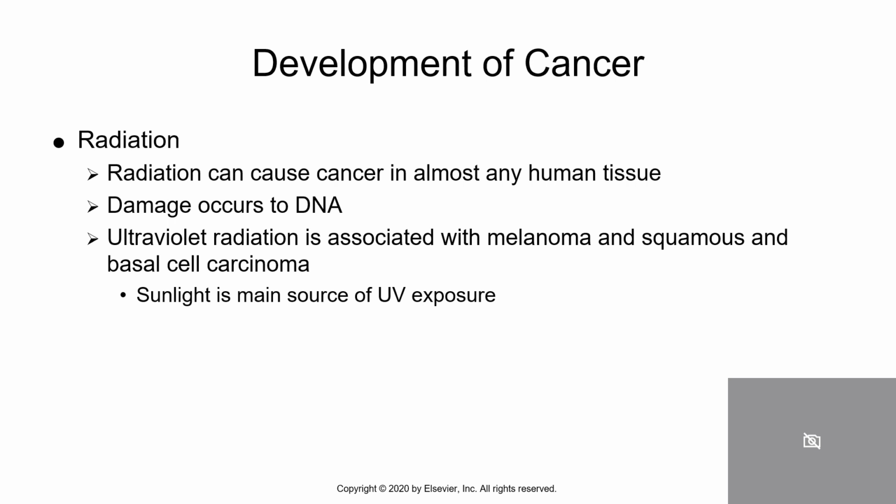Certain types of cancer malignancies that are associated with radiation are leukemia, lymphomas, thyroid cancers. Back when the atomic bomb happened in Hiroshima and Nagasaki, that resulted in a higher incidence of cancers from that exposure to radiation.